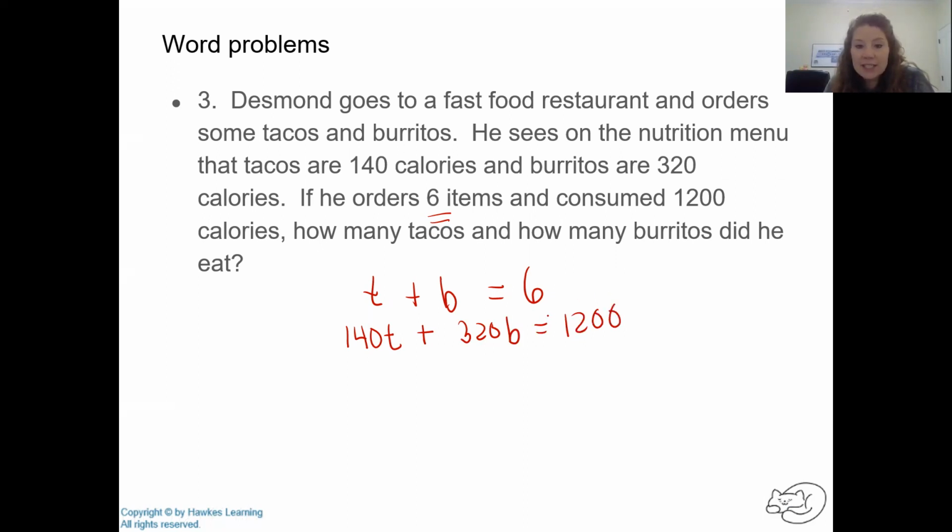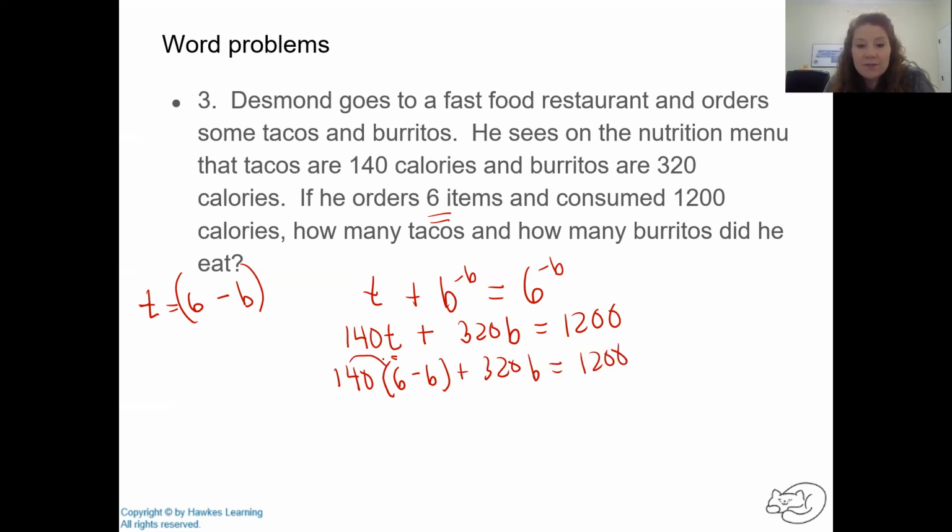So I can just do what? You can solve for T if you want to by subtracting B. So tacos equals 6 minus B. So I'm going to substitute 6 minus B for T because T is 6 minus B. So I'm going to do 140 times 6 minus B plus 320B equals 1,200.